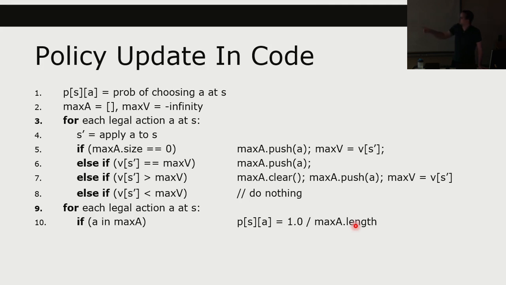So both of those would get 1 divided by 2, which is 0.5. And I put in the 1.0 here just to make sure that this is not integer division, it's floating point division. And then if A is not in maxA, then the probability of taking that action is 0. If the action does not lead me to the most desirable state, why would I take it? Right?